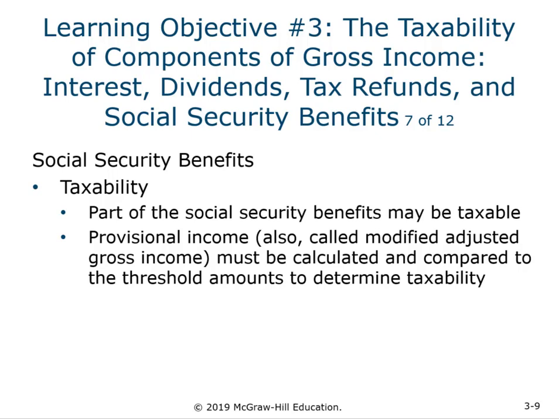If you see a taxpayer with Social Security benefits, then you must go through the process of calculating provisional income to determine how much of the Social Security is included in income as taxable income. And the first thing you do in that process is calculate provisional income and then compare it to the thresholds. So what is provisional income?